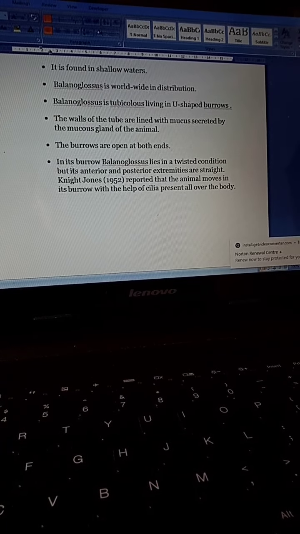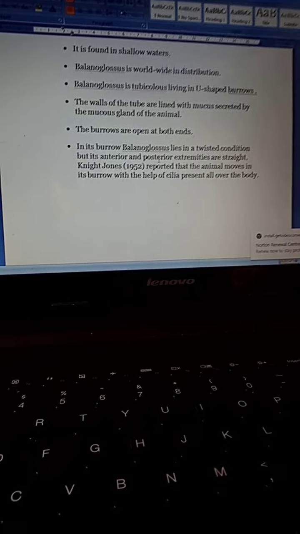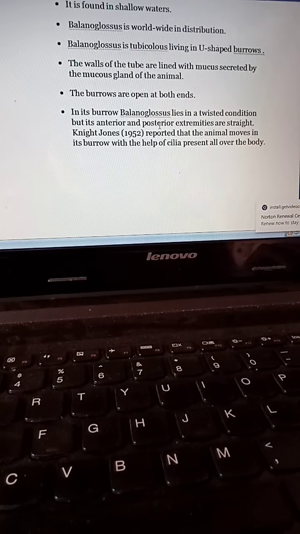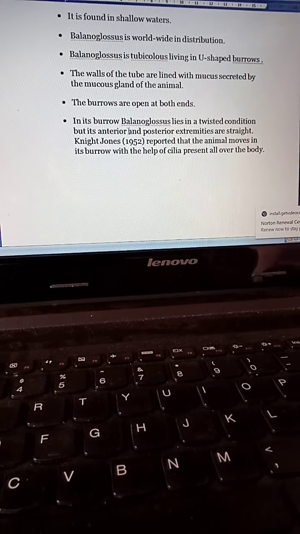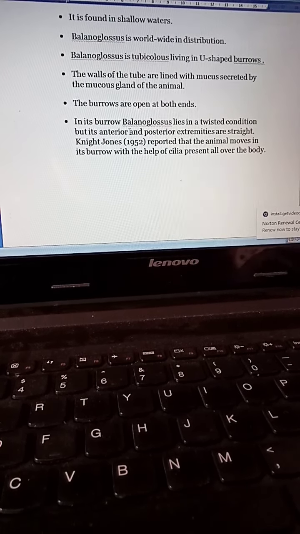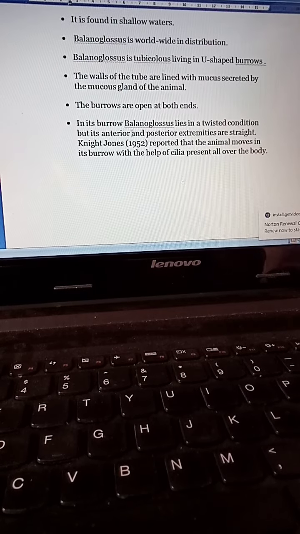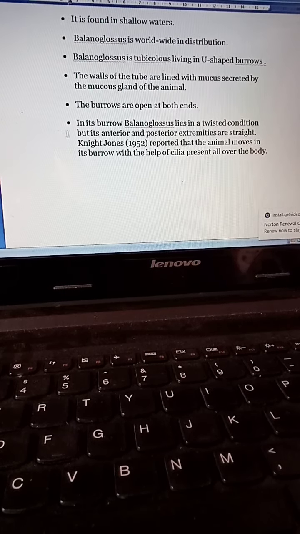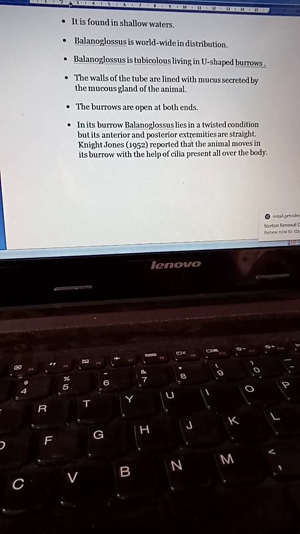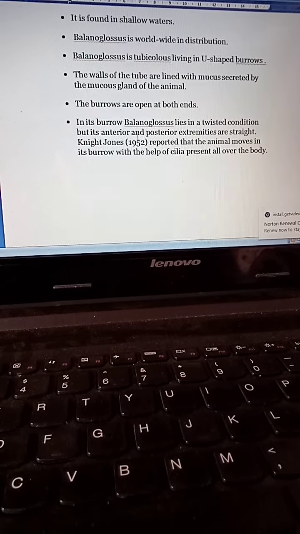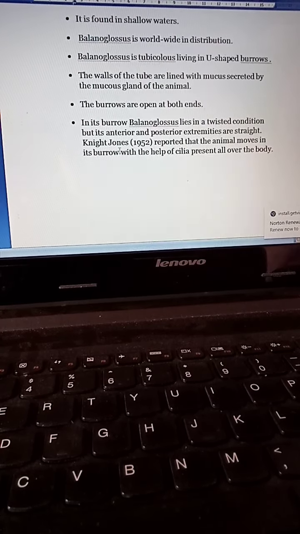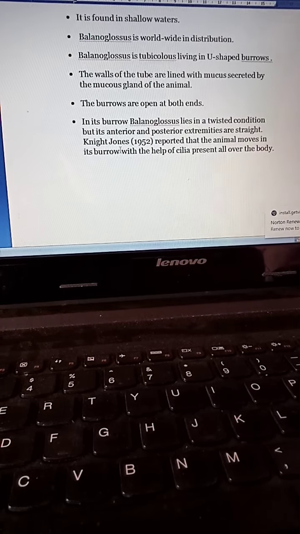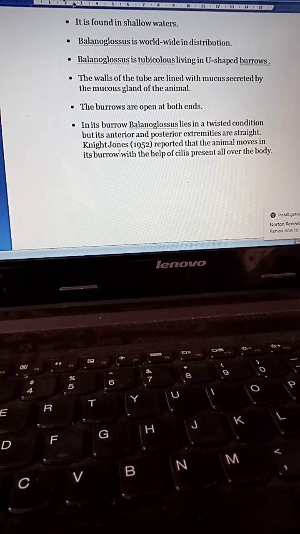In its burrow, Balanoglossus lies in a twisted condition, meaning curved, rotated. But its anterior and posterior extremities are straight. So both ends are straight, but the middle part is twisted.